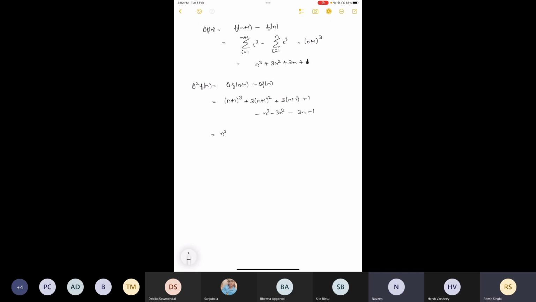It will be nothing but n cubed plus 3n squared plus 3n plus 1, plus 3n squared plus 6n plus 3, plus 3n plus 3, plus 1, minus n cubed minus 3n squared minus 3n minus 1, right?